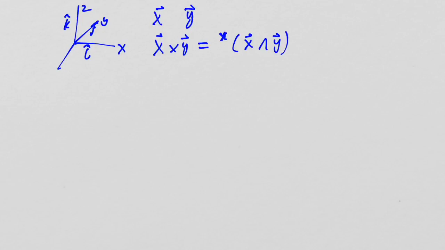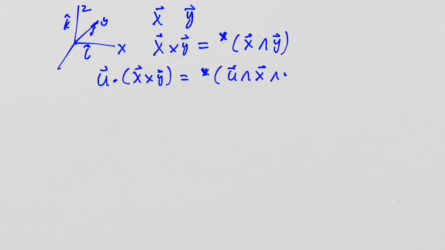For example, I could say u dotted into x cross y. That turns out to be the Hodge dual of u wedge x wedge y.